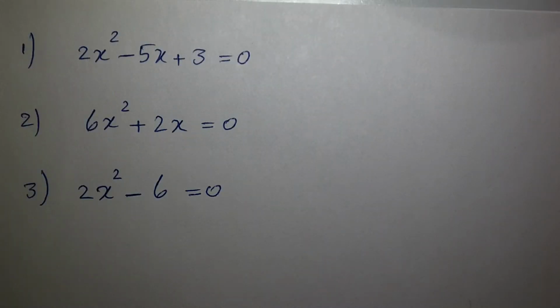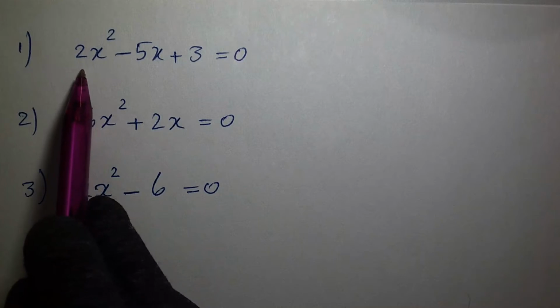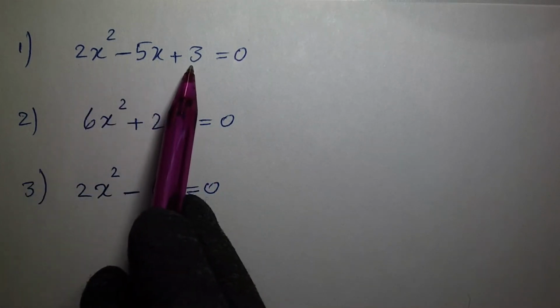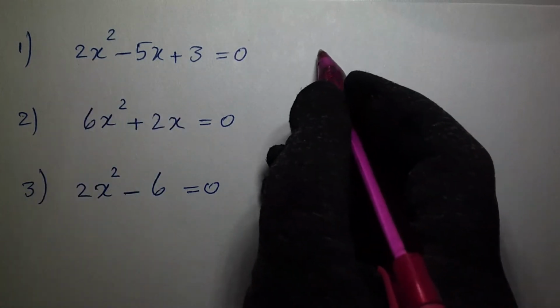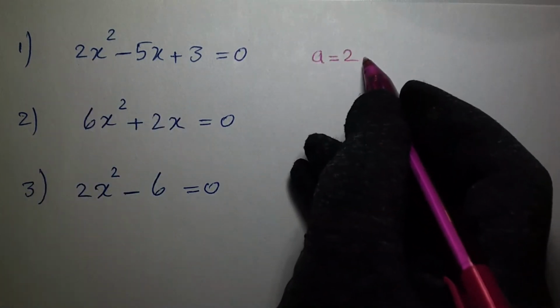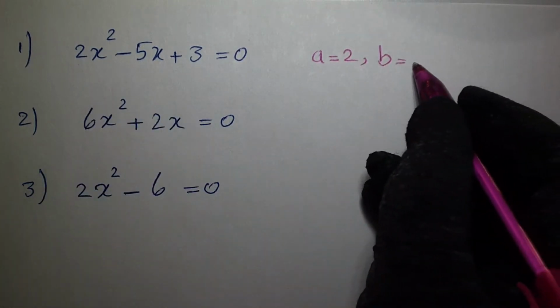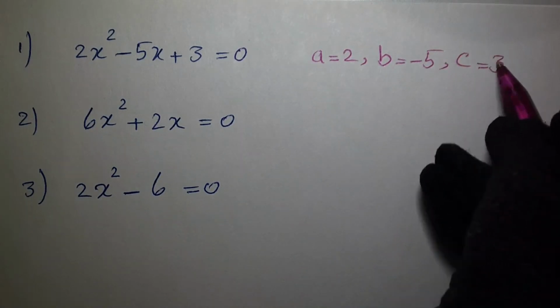Let's go back to the standard form of a quadratic equation. In the first example, you see a quadratic equation where a, b, c are non-zero. You see a here is 2, b, the coefficient of x, is -5, c equals 3.